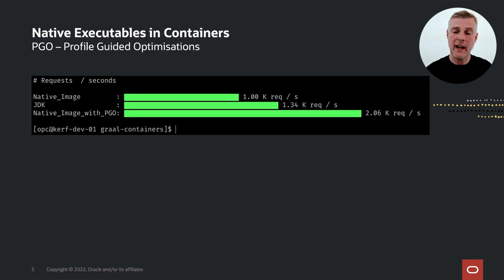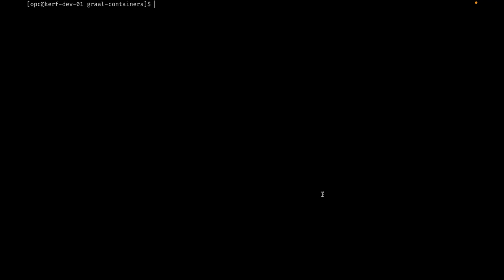Okay, we want to see how we can improve the performance. And with Enterprise Native Image, we have a feature called Profile Guided Optimizations, or PGO, that allow you to gather profiling information from your native executable and use that in the next iteration of building the native executable. So let's take a look at that. It's a two-step process. First thing I need to do is move to the next branch of my repo.